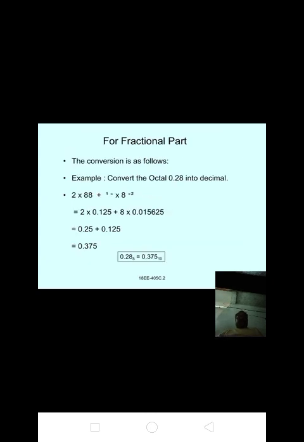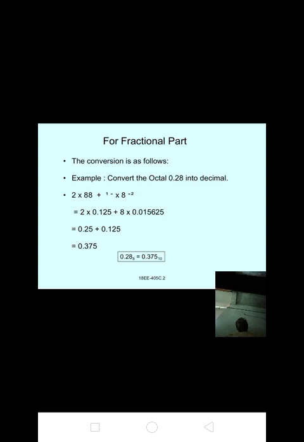For the fractional part, the conversion is as follows. Convert the octal 0.28 into decimal. We are taking only the fractional part, that is 2 into 8 power minus 1 plus 8 into 8 power minus 2.